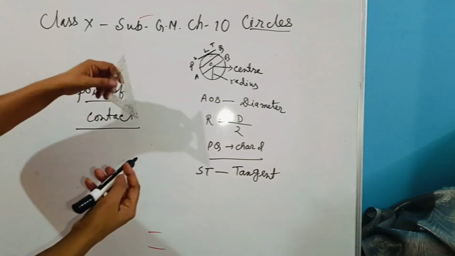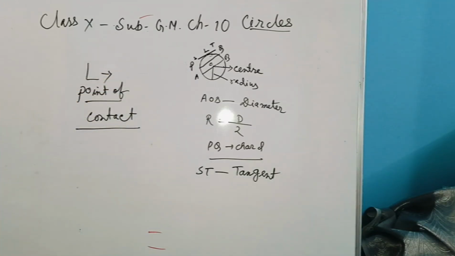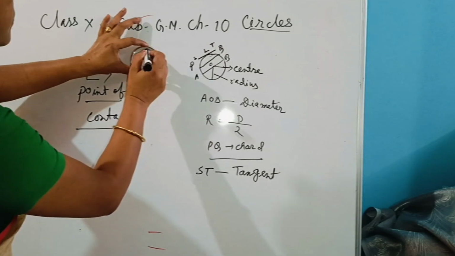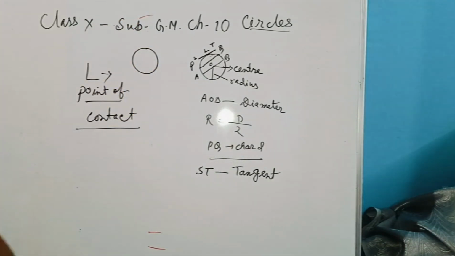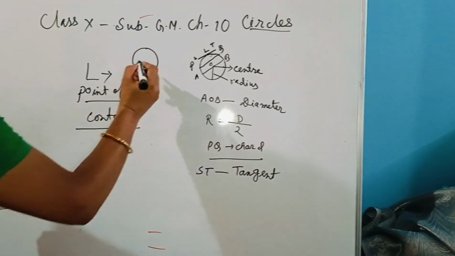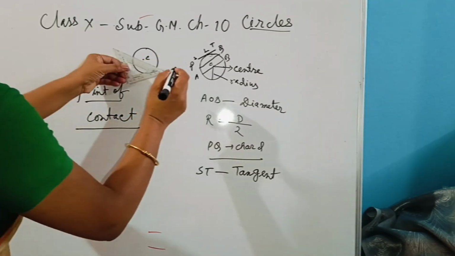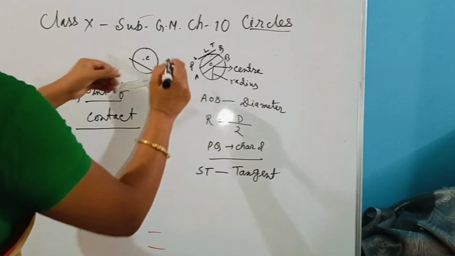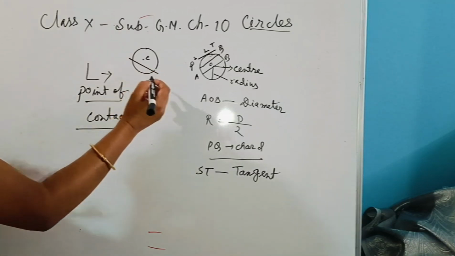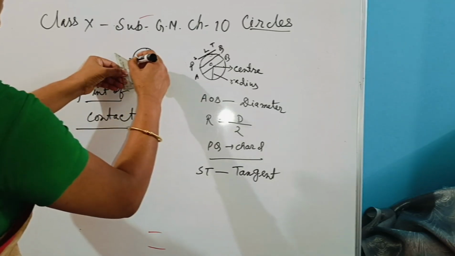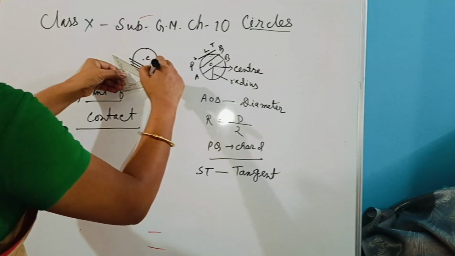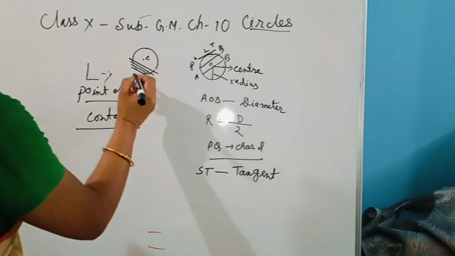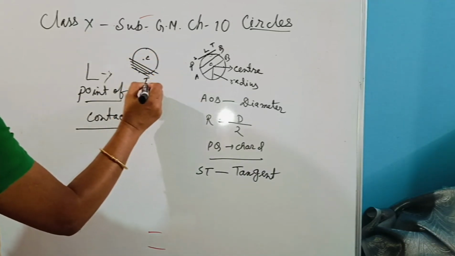Suppose we draw here a circle. I use my bangle; you use a compass. You see, what is its name? This is a secant. When a secant is drawn outside, okay, it will touch at a point, so it is known as a tangent.